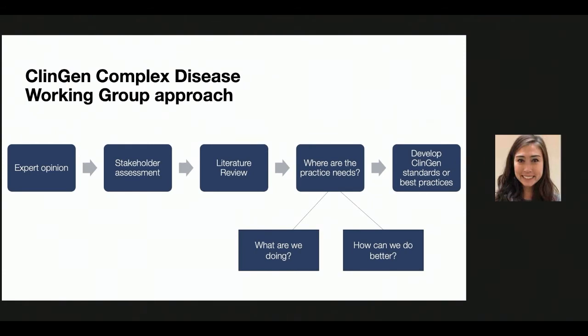And even the first goal that we mentioned in terms of reporting standards was informed by the larger membership, not solely by ClinGen or a subset of people. It was really informed by the greater community and experts in this space in terms of what was needed as a first step. So we started off with that.